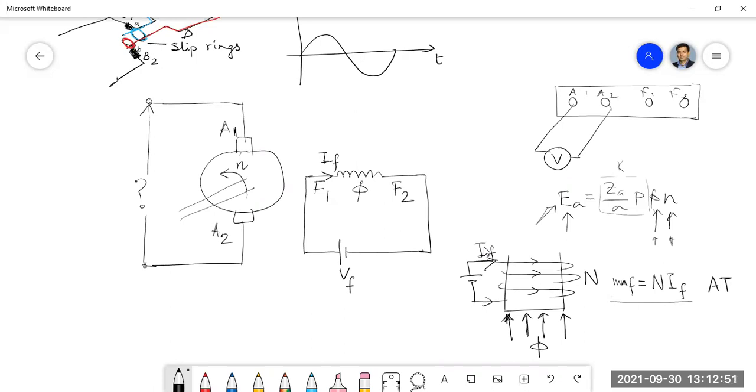Here also in the magnetic circuit, we have MMF, which is analogous to EMF, and we have reluctance, which is analogous to resistance. So therefore we can say the flux is MMF by reluctance. R is called the reluctance, which is inversely proportional to what?